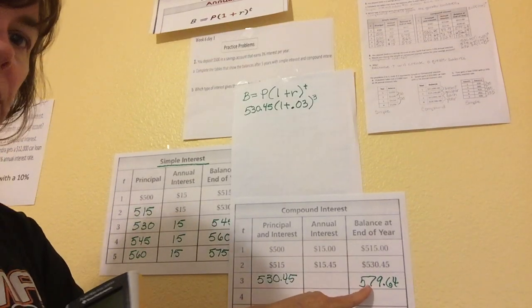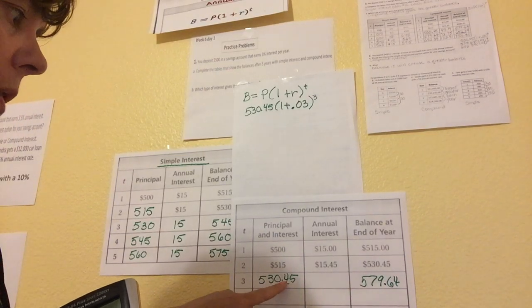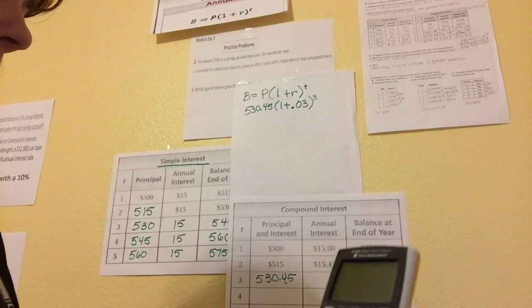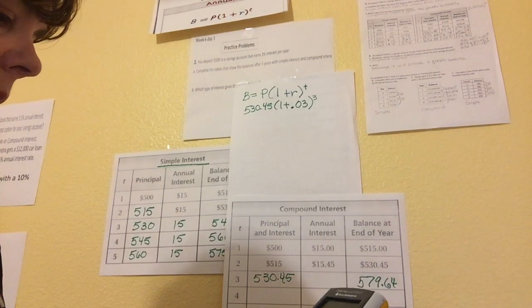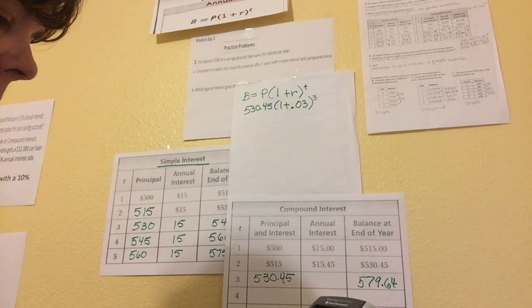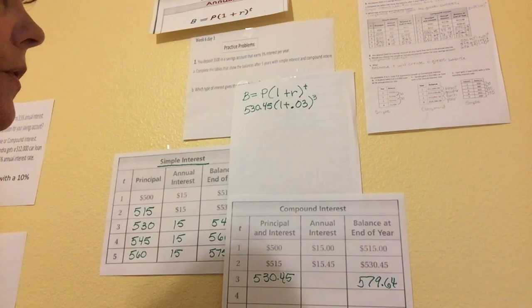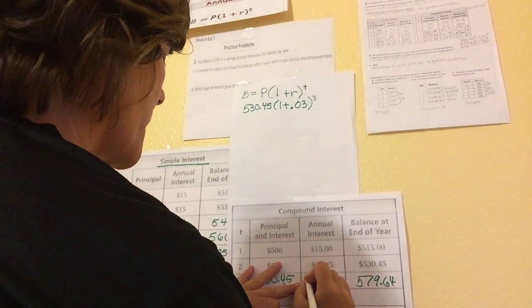So let's just subtract 579.64 from 530.45, and that'll give us our annual interest, okay? There's probably different ways you can do it. So I'm just going to use the calculator to do subtraction right now. So I'm plugging that in, okay? And I'm going to get $49.19, okay?